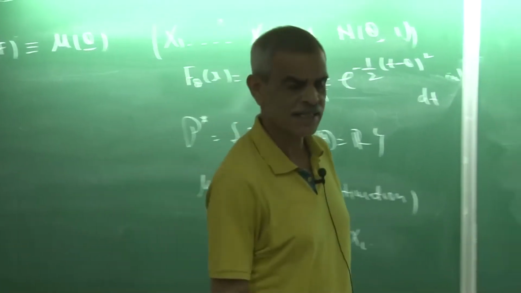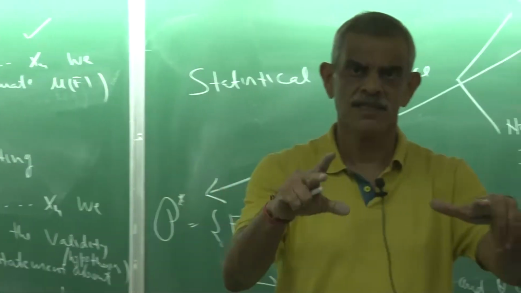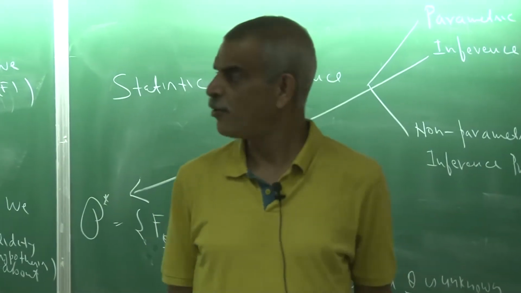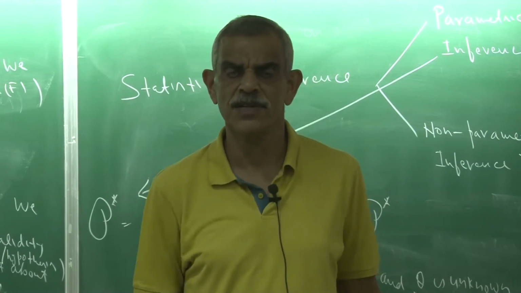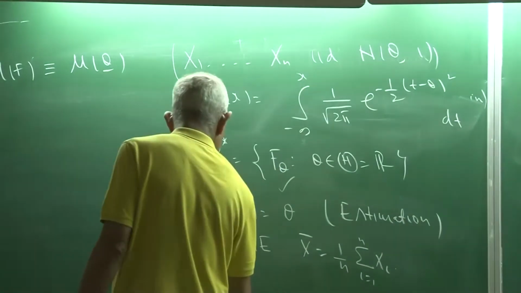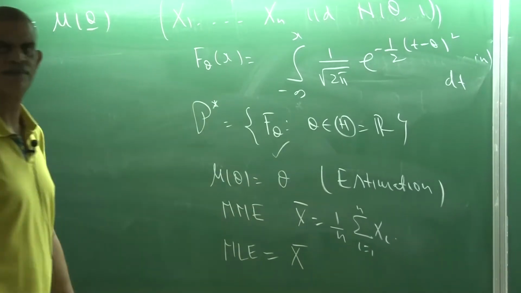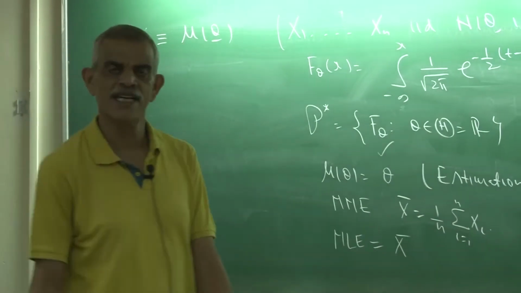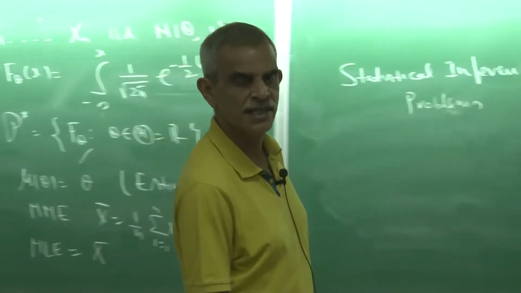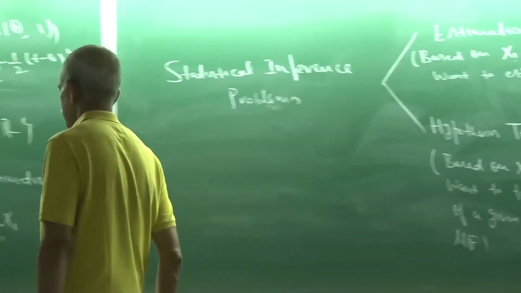So, in the normal case, the method of moments estimator says that whatever sample you have taken, take the sample mean out of those observations x1, x2, xn, and take that as the estimate of this. This is also the MLE. So, MLE is also X bar. You also saw that X bar is the uniformly minimum variance unbiased estimator. So that is the estimation part of it.